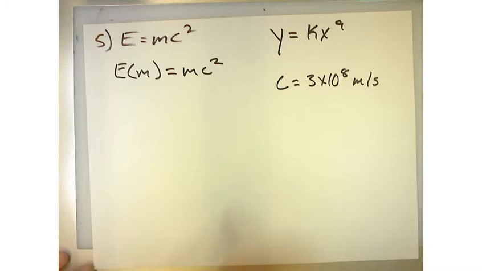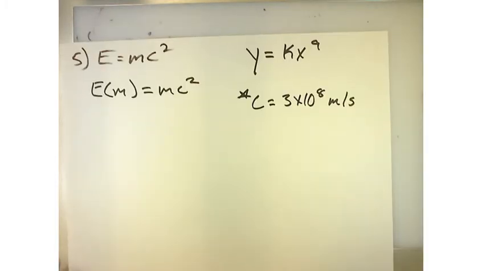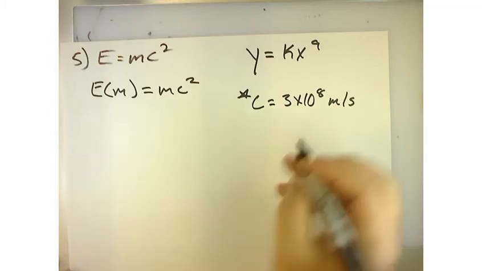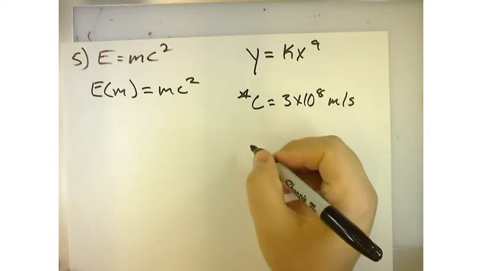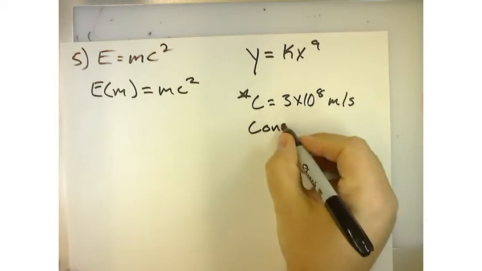But this never changes. What do we think of a word that we use in math that defines something that never changes, or not even in math in general? Constant. That's the first clue.